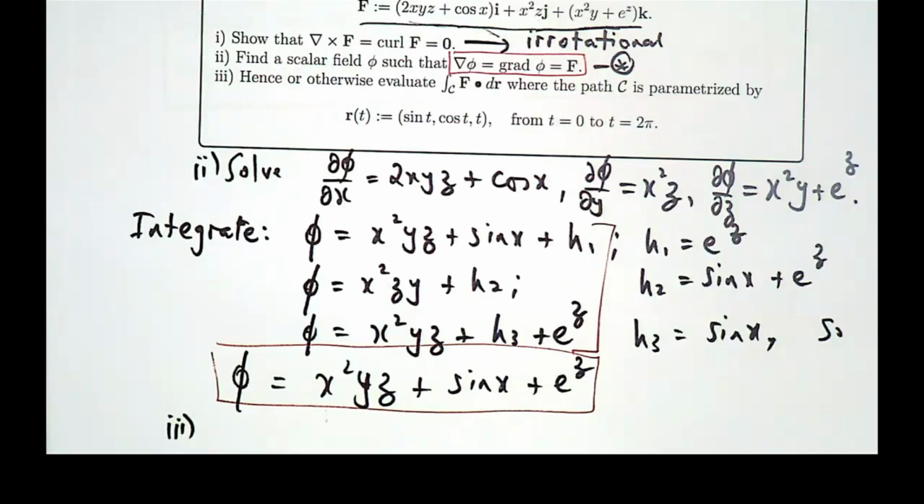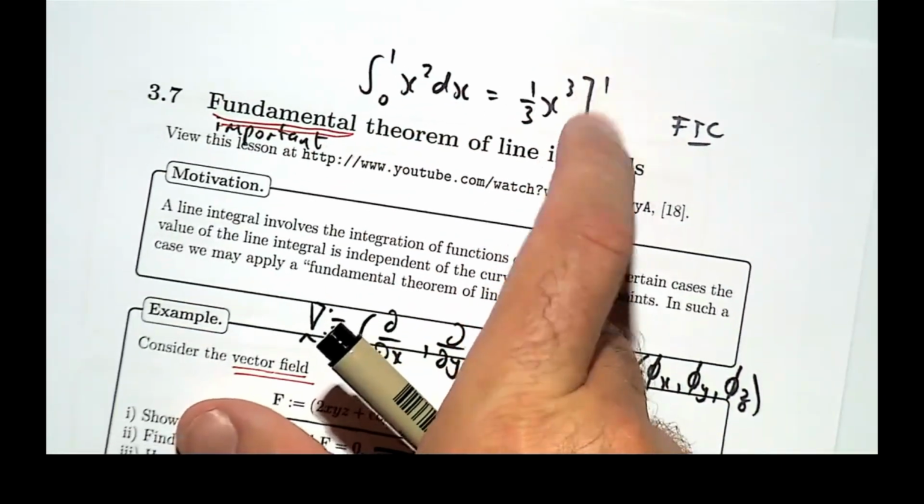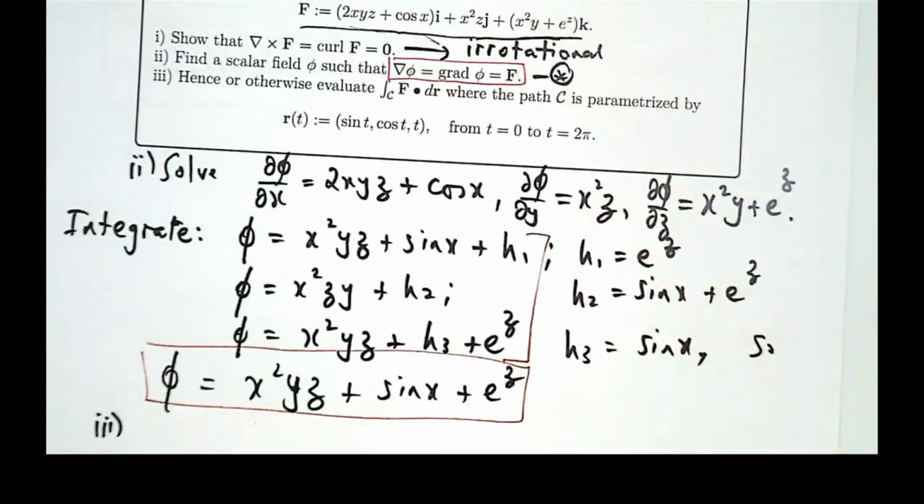I'm just worried about the endpoints. Just like when I did this thing, I only really cared about the x values at the endpoints of the interval, just 2 points. We're going to do the same thing here. So let me show you.